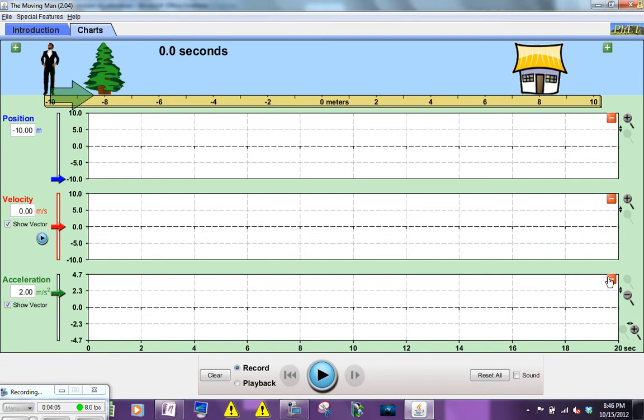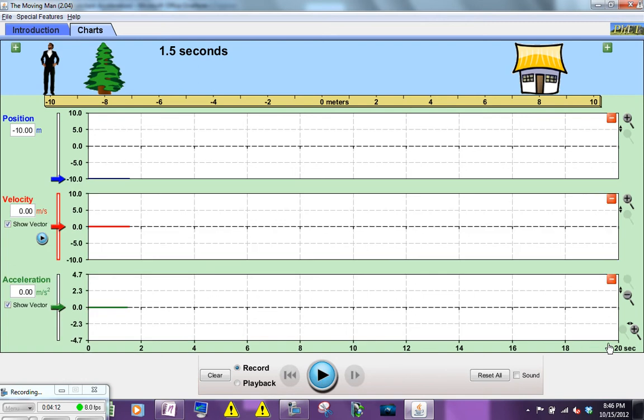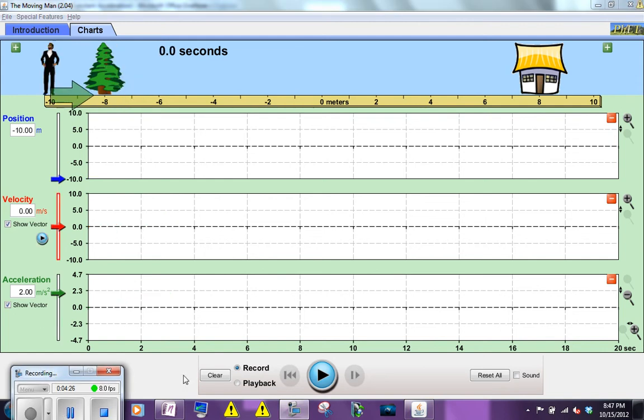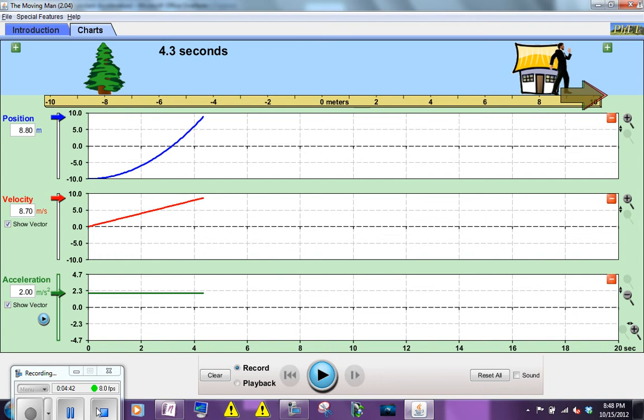I'm just going to hide the acceleration so these graphs are a little bigger for a moment. So as you can see, he accelerated from rest.